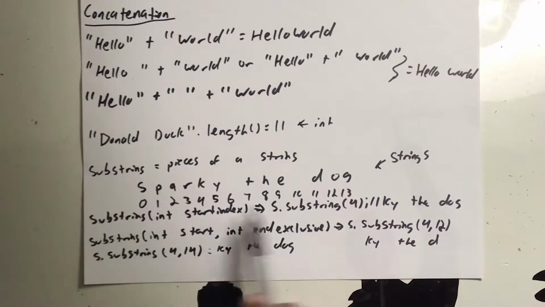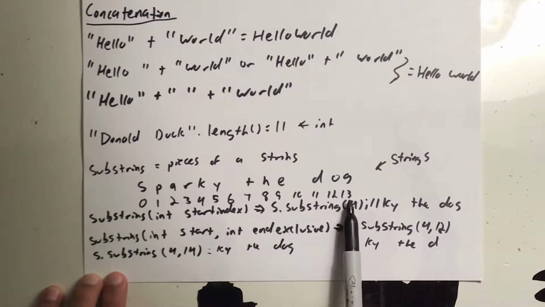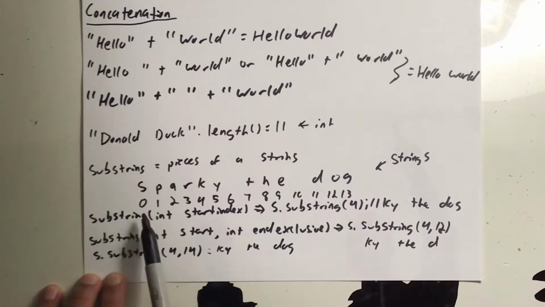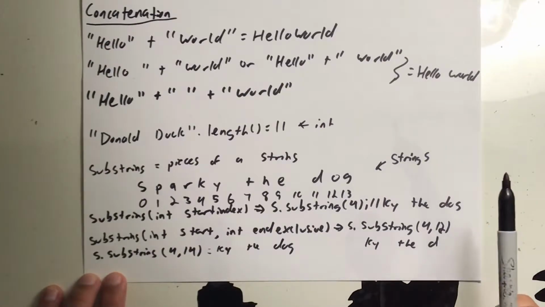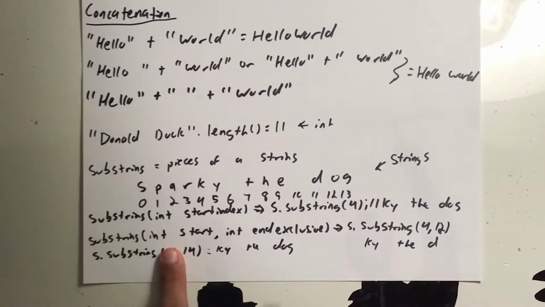The length of the string here is 14. How do we know it's 14? Well, this is up to 13. This is the 13th index, which is the last index, and the first index is 0. So 1 plus 13 is 14. That's how many characters there are. So we can go up to the length of the string when you use substring, and it can still work. Now this would be different if you had just s.substring(14). You start at 14, but there is no 14, and it'll give you an error.